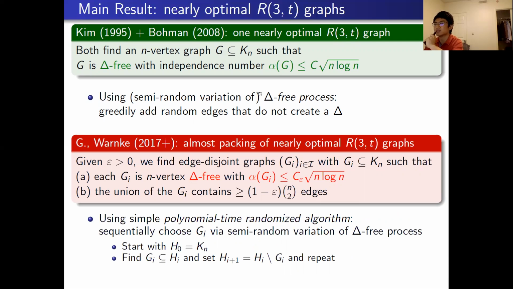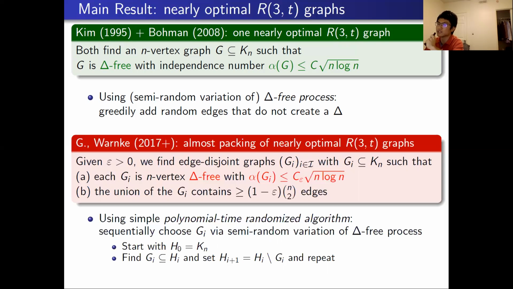For our result, instead of finding just one such nearly optimal R3T graph as Kim and Bowman did, we found almost a packing of nearly optimal R3T graphs. That means we decompose the complete graph into edge disjoint copies of such nearly optimal R3T graphs.